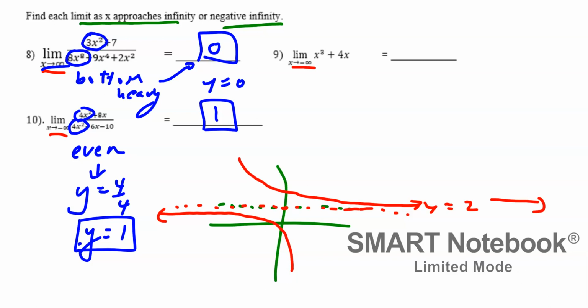Number 9 is a little different only because this is not top heavy, bottom heavy, or even, because we do not have a fraction. Instead, when you're given something like this and you're finding the limit to infinity, it's good to think about end behavior.